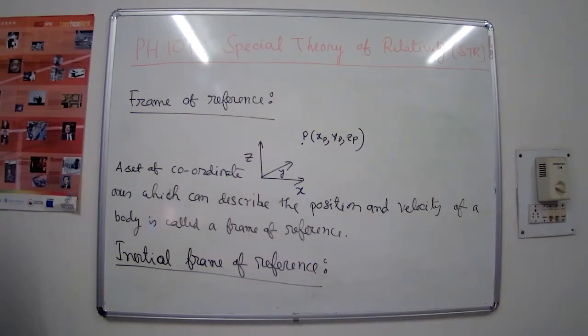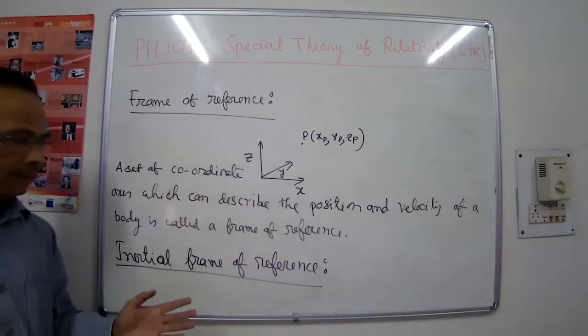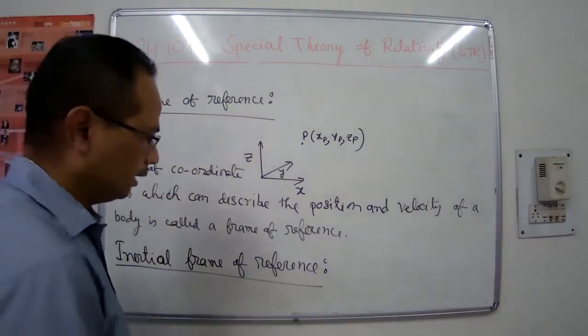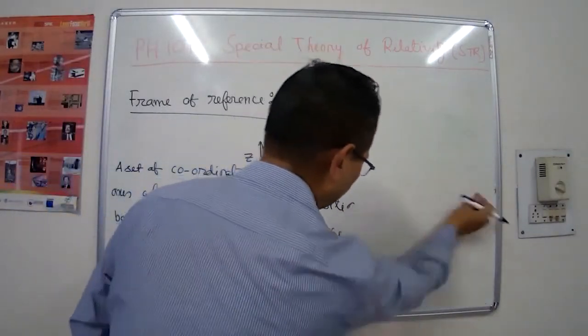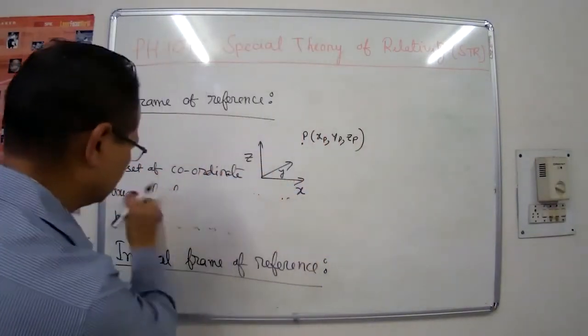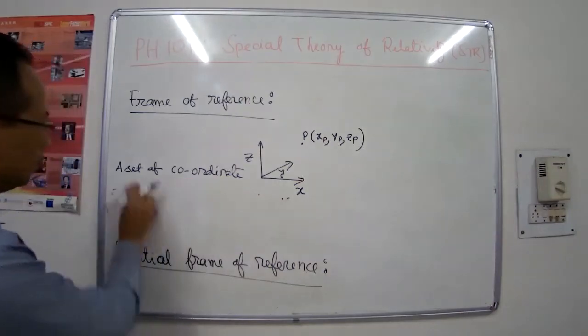And later on we'll see that, as far as classical mechanics is concerned, certain laws of physics cannot hold in all frames of reference. If it holds in one frame of reference, it may not hold in another. That is why the need for another mechanics, relativistic mechanics, has come.